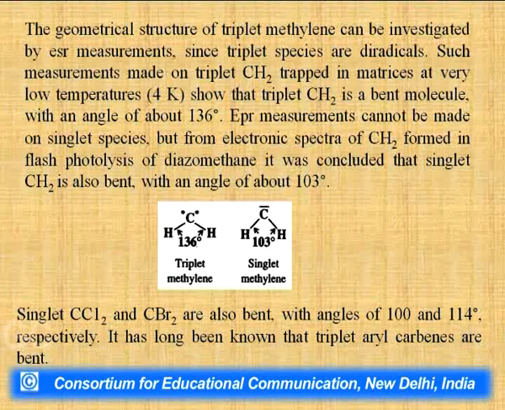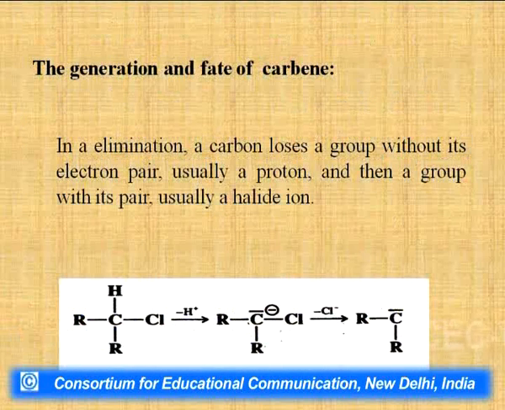It has long been known that triplet aryl carbenes are bent. You can see in the figure the bond angle for the triplet carbene is 136 degrees, and for singlet methylene it is 103 degrees.